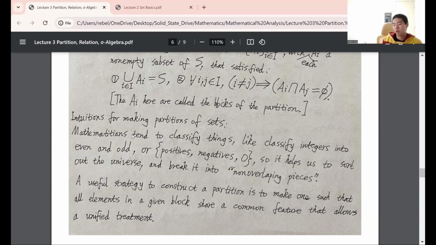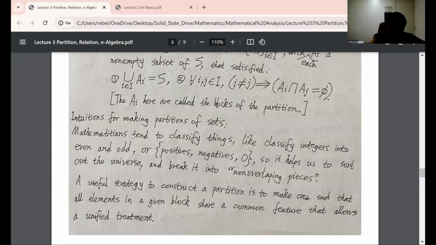And which numbers are positive, maybe zero, maybe negative, or in abstract algebra, what's a group and what's not a group, what's a ring, what's not a ring, what's a semigroup, and whether a semigroup can be classified into more categories. Yeah, this is what mathematicians always ask. Also in geometry, we say some shapes are circles, some shapes are rectangles, some shapes are triangles.